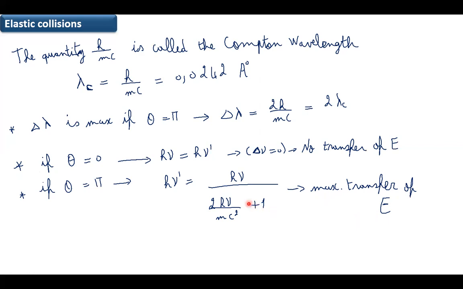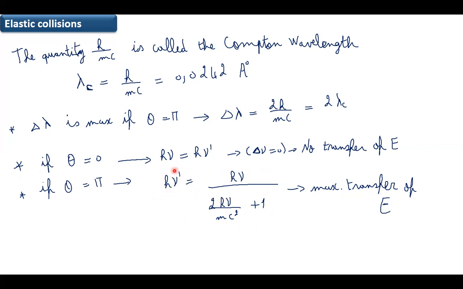So the photon does not disappear, because in a Compton effect, the photon is never totally absorbed. Even with this maximum transfer of energy, h nu prime is not 0. So in a Compton effect, the photon is never totally absorbed by the electron.